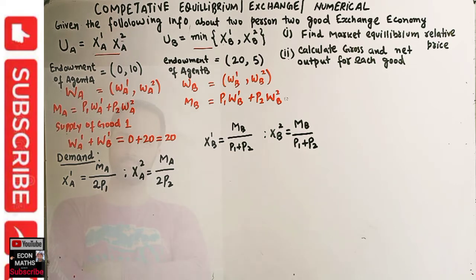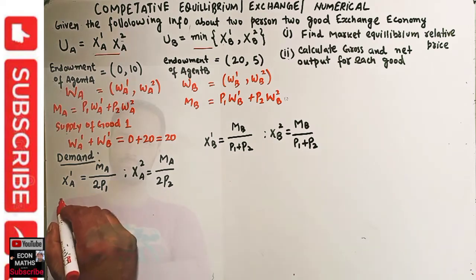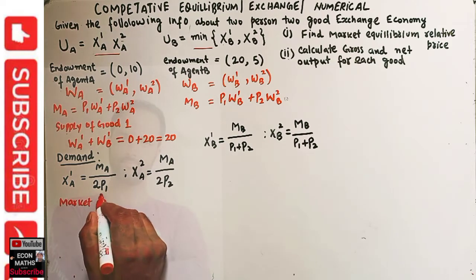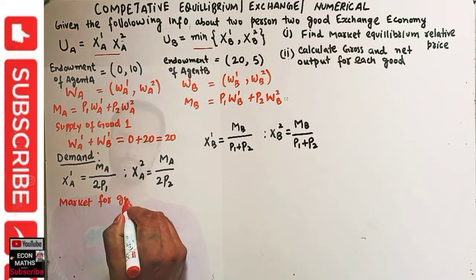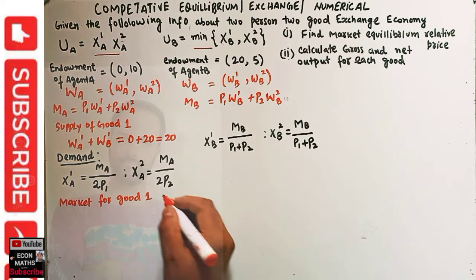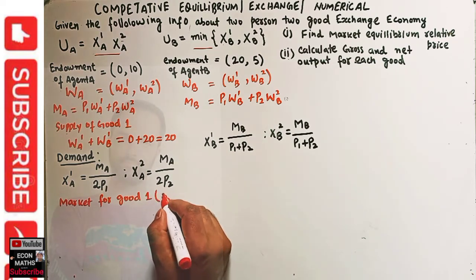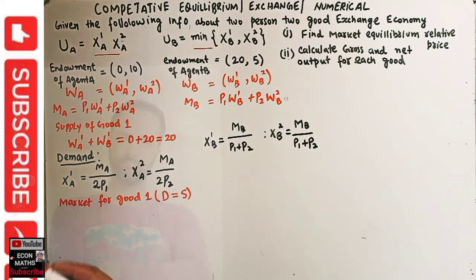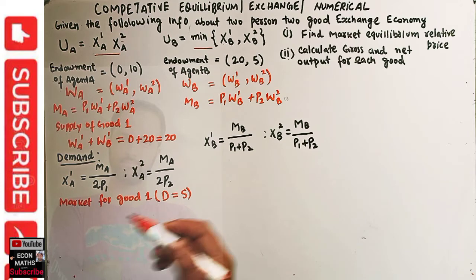Okay, now the next step is to find out the market for good 1. By the market of good 1 we want to find out where demand should be equal to supply. Now what is the total demand of good 1?